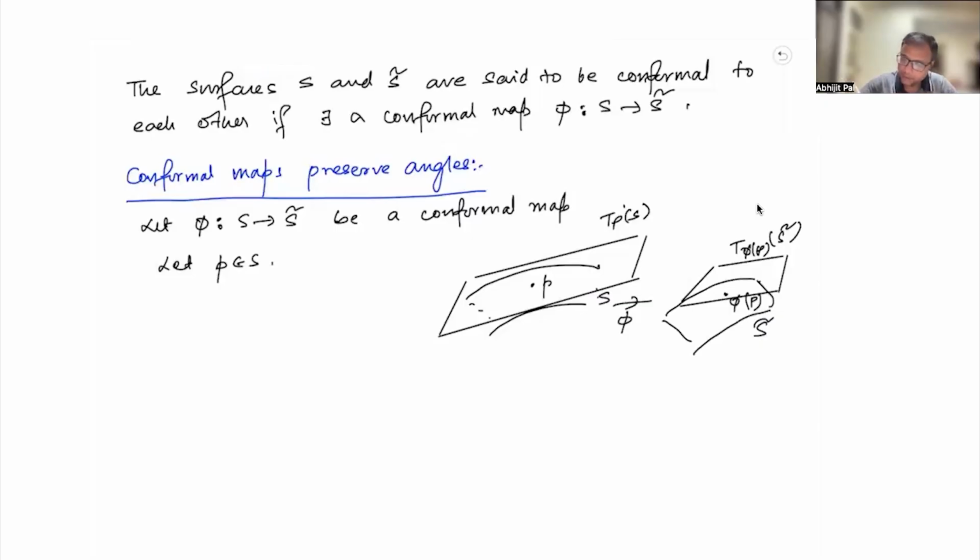Now we have two tangent vectors, and corresponding to these two tangent vectors I'll have curves like this.